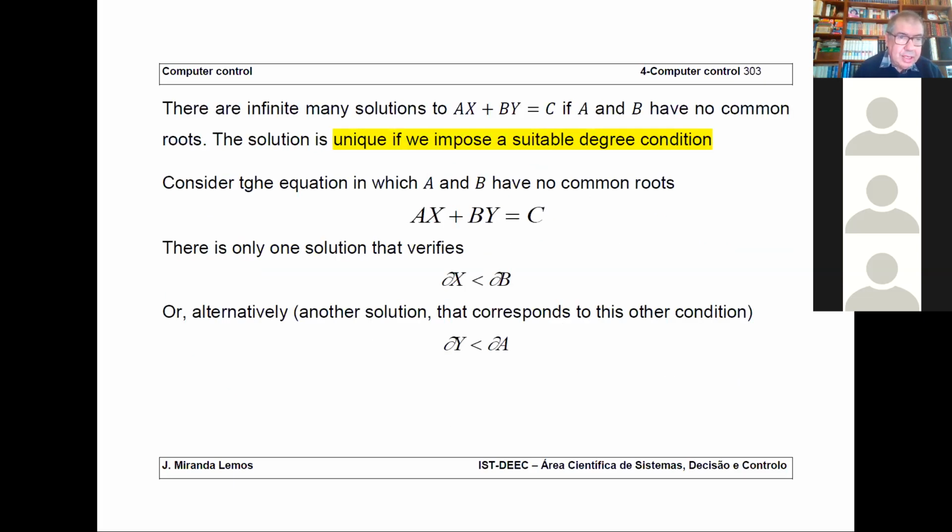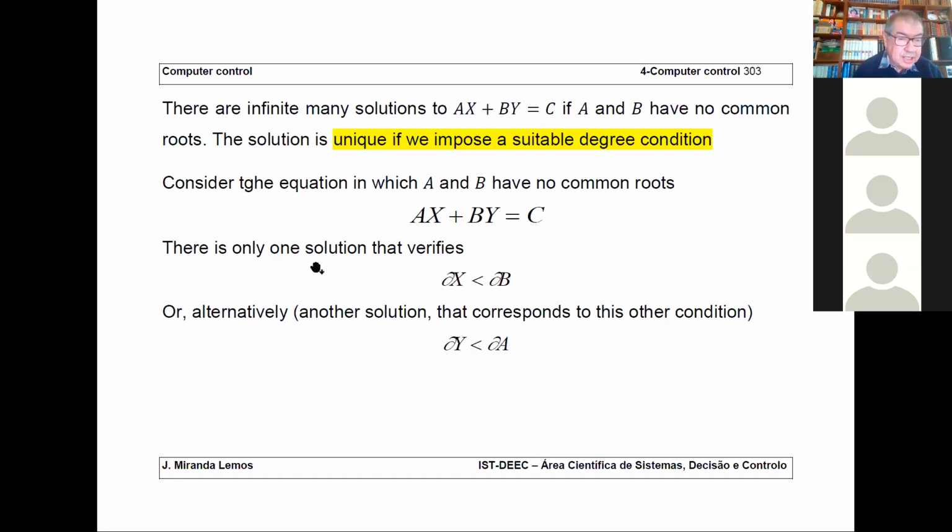Now, since we have many solutions, actually an infinite number of solutions, suppose that we are in the case where the maximum common divisor of A and B divides C. We can impose a condition such that with this condition, we just get one solution.